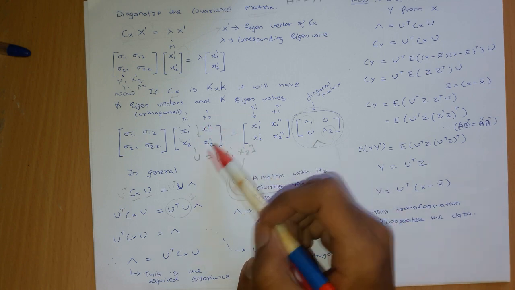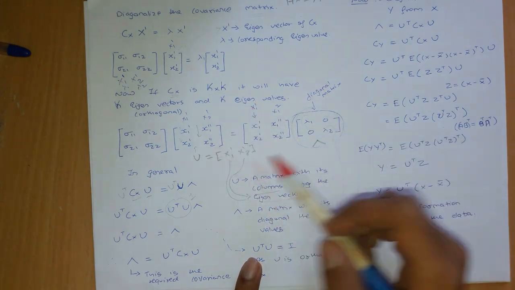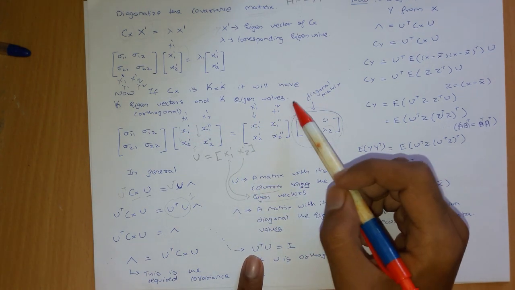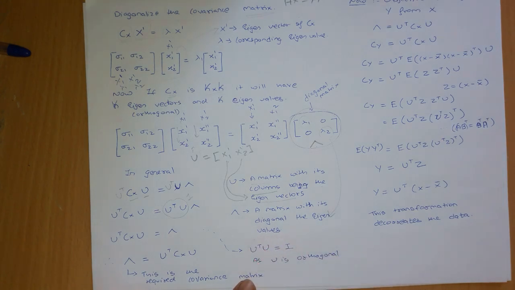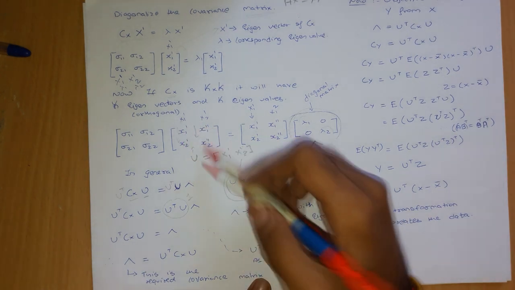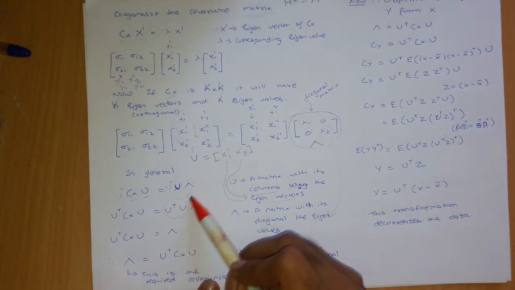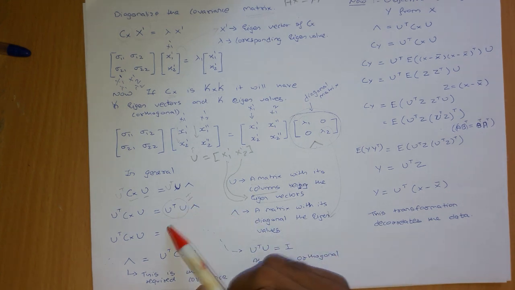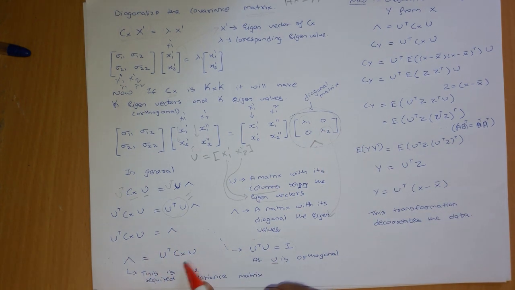When I am multiplying it with U transpose, the first eigenvector is getting multiplied with the first, the second, the third, all eigenvectors, and only for the first it will give 1 and for others it will give 0. This holds because U is orthogonal, because all the vectors inside are orthogonal. So this becomes nothing but I, the identity matrix, into the capital lambda. Now I just exchange these terms, and you can see that this is our required covariance.